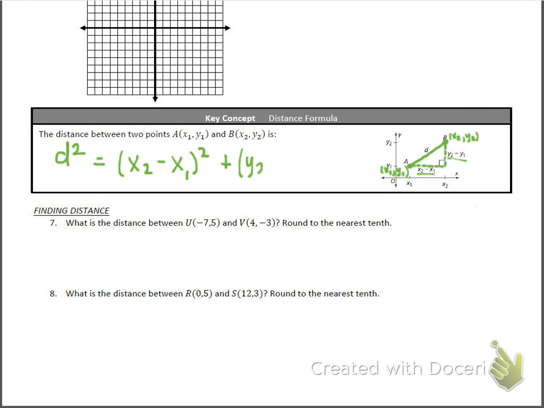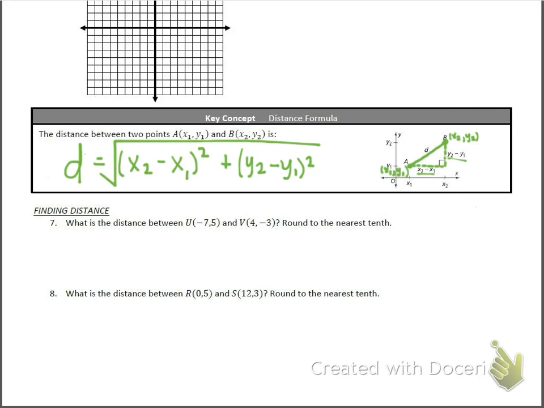So y2 minus y1 squared. Now, for distance, we want to do exactly what we did in that previous diagonal one. We want to get just d by itself. So how do I undo the square? Square root. So we square root both sides. And for you guys, I'm just going to have you erase that d squared and just write it as d. And that's your distance formula.